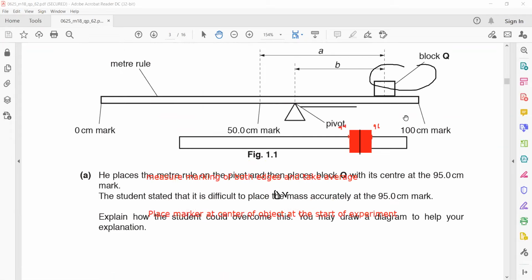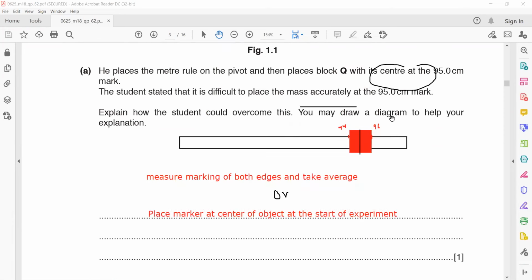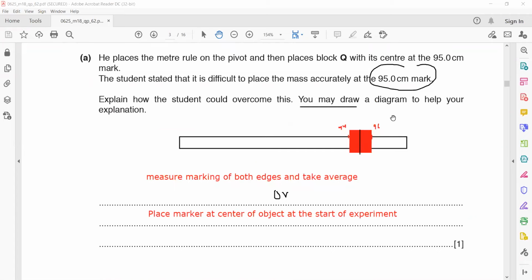Or I can start the experiment by marking the center of the load in the beginning, so that I can easily locate the position. So these are the ways to do question 1, which is of 1 mark.